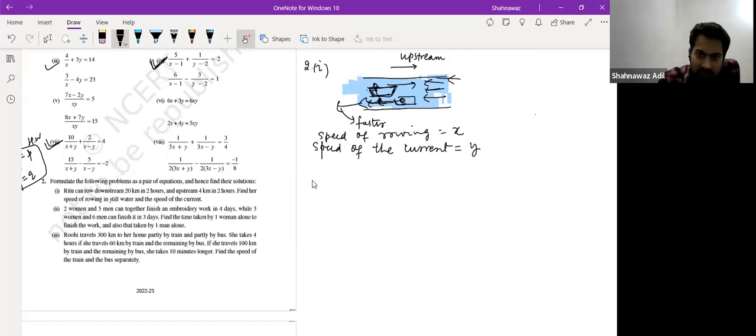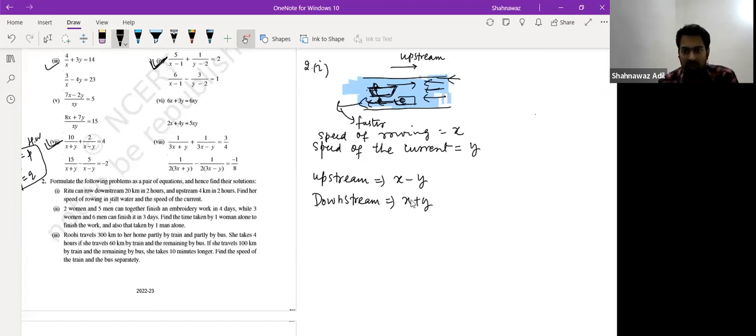So in upstream, what would be the velocity? X minus y. Am I correct? Right. And in downstream, what would be the velocity? X plus y. So that would be faster because the speed of the current will add up, right? So these are the two velocities.